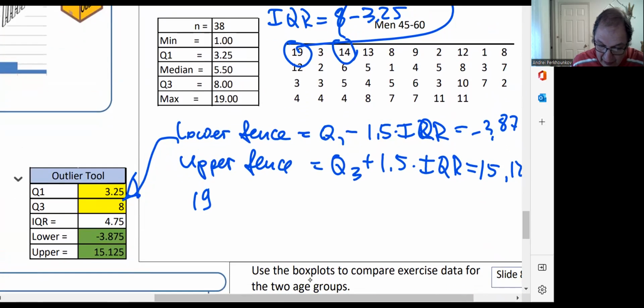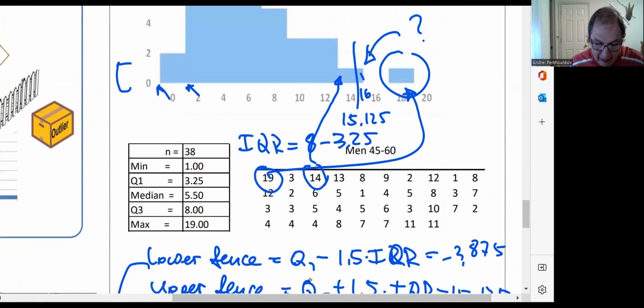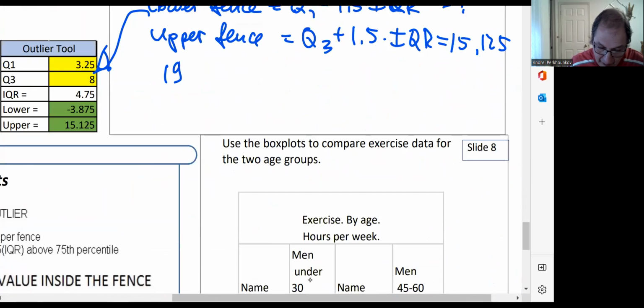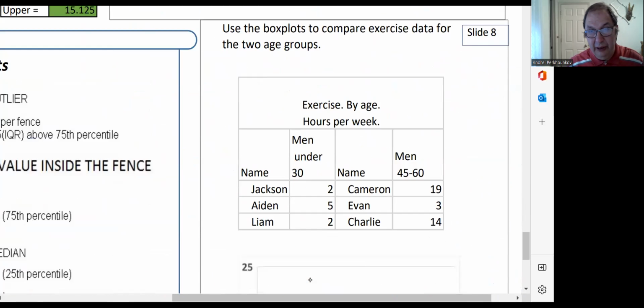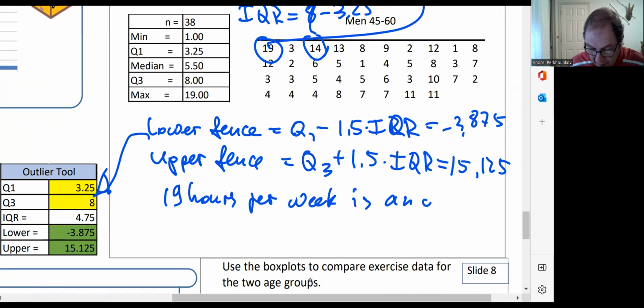So now we know that 19, and I think what is our data? Oh, I forgot what we're measuring. Hours per week, yes. And so 19 hours per week is an outlier.